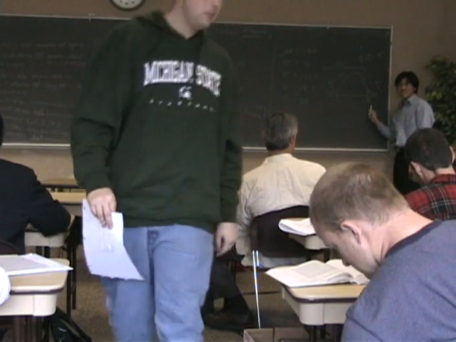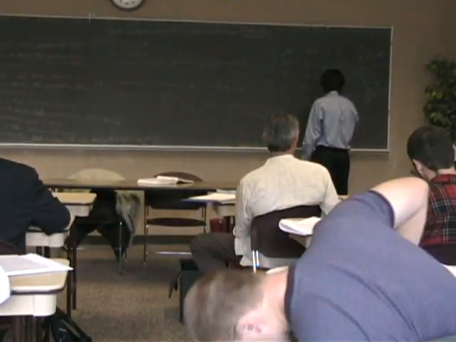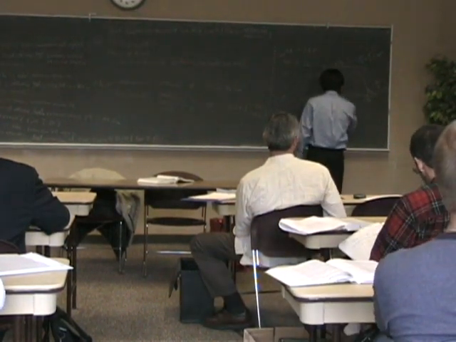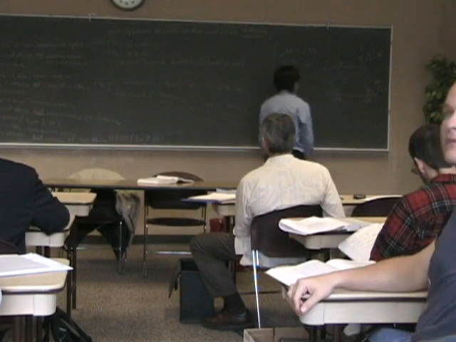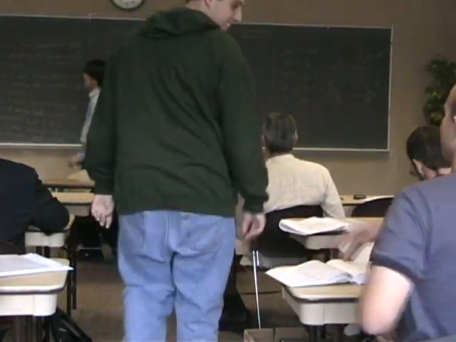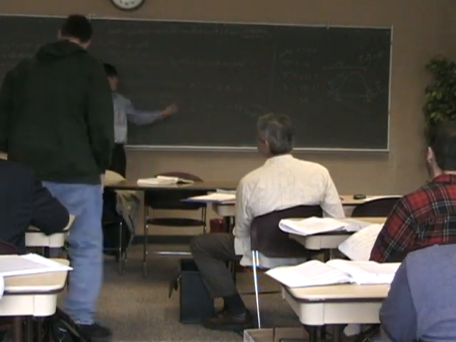Did you get this value? 1.96. Because the normal distribution is symmetric, the other is negative 1.96. So we get the critical value, positive or negative 1.96.